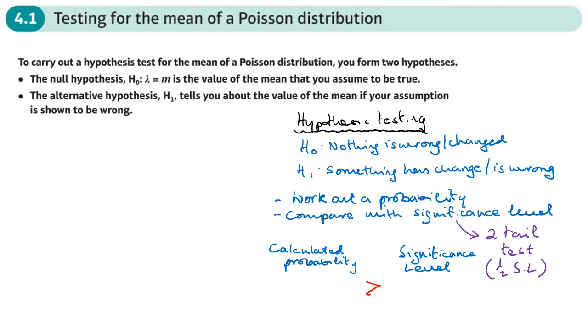So if our significance level is 10% and we calculated the probability of this thing happening at 30%, then we'll say there's nothing wrong. So if our calculated probability is greater than our significance level, that's going to lead us to accept H0.